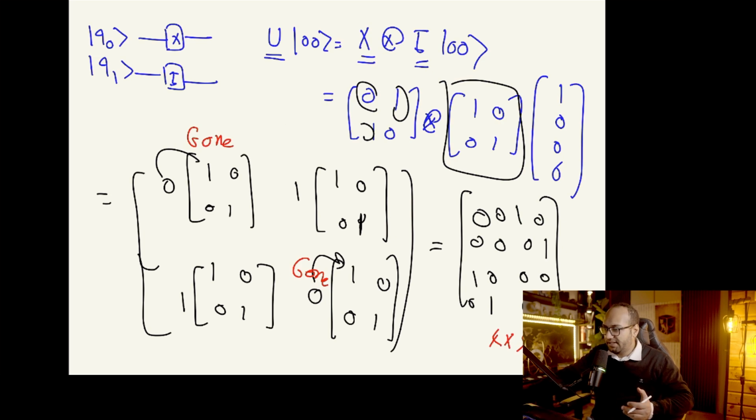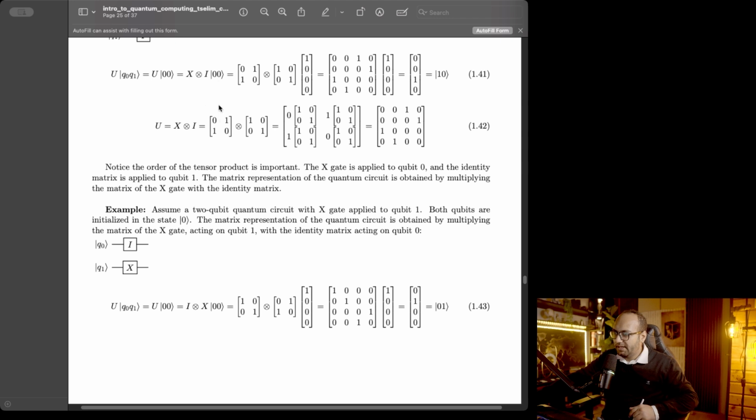You can have another example where we reverse. We start with the identity acting on the first qubit, and then the X gate acts on the second qubit, not the first this time. So similarly, we can work this out. We can have U which acts on Q0 and Q1.